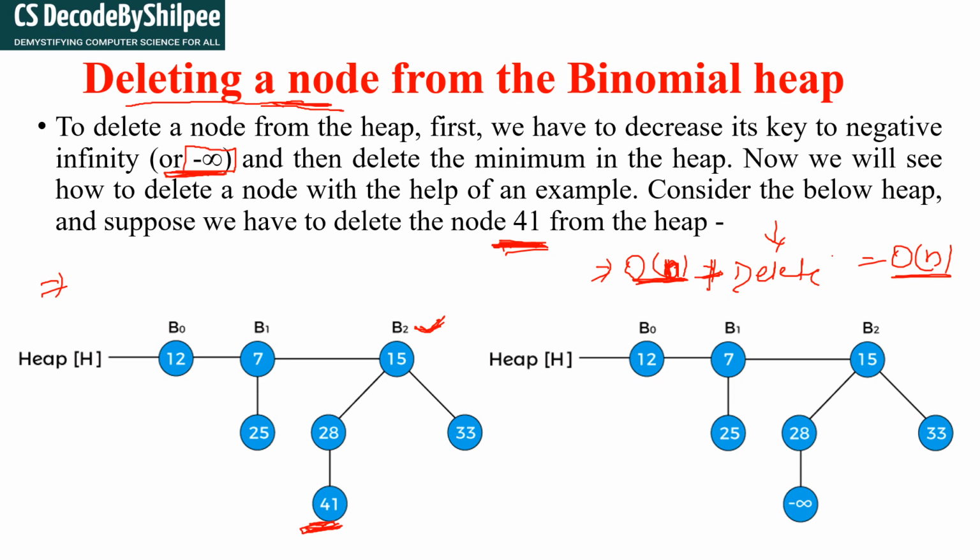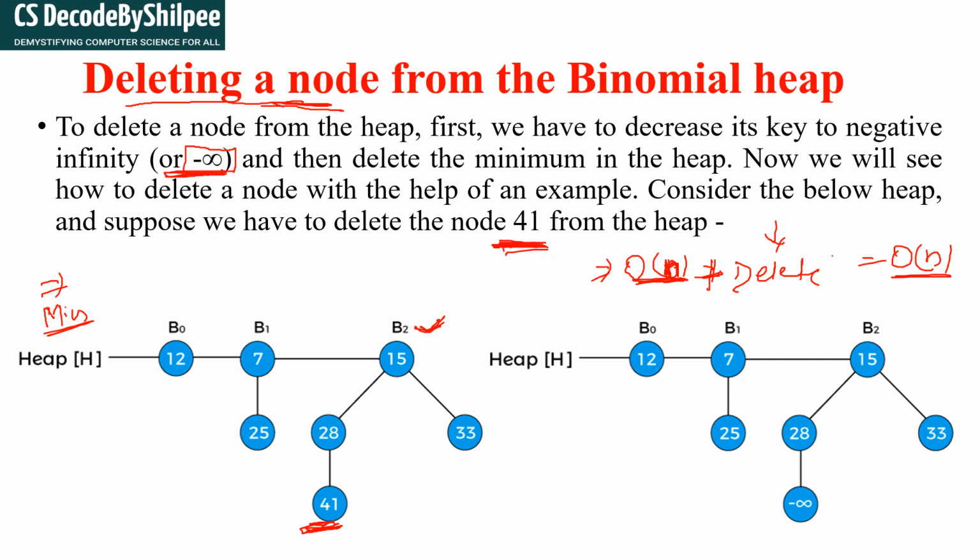That is a very small value, and in a min heap, it again violates the min heap property that is followed by the binomial heap. So then we check with the parent, and we stop when it follows the min heap property, right?